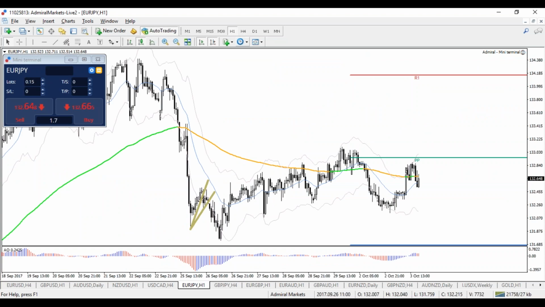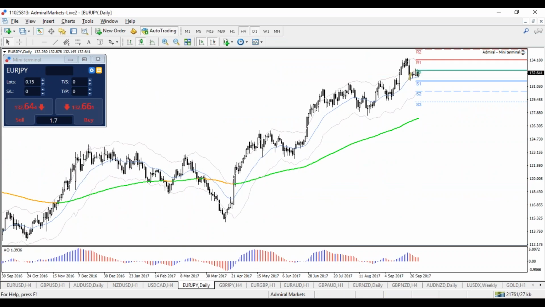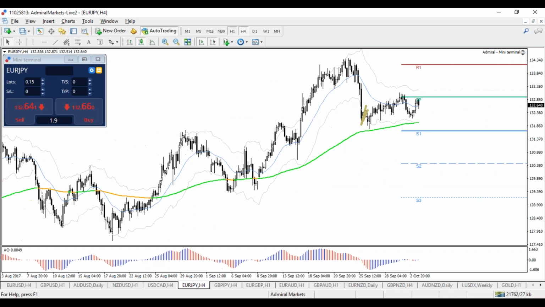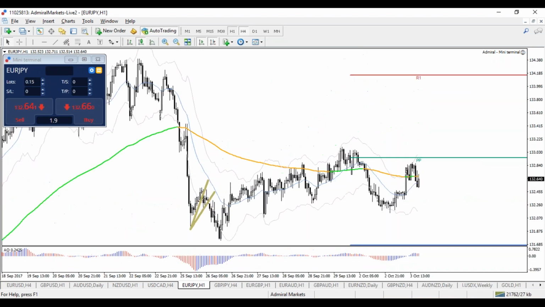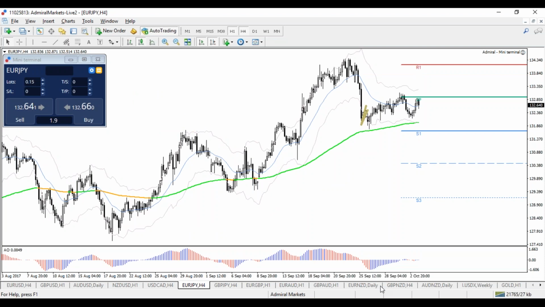Alrighty. Euro yen. I don't have any trade ideas on this one at the moment. What I would not mind is maybe keeping an eye on these trend lines here.